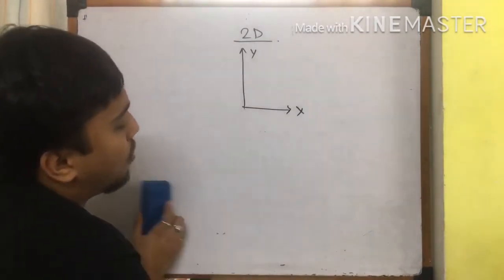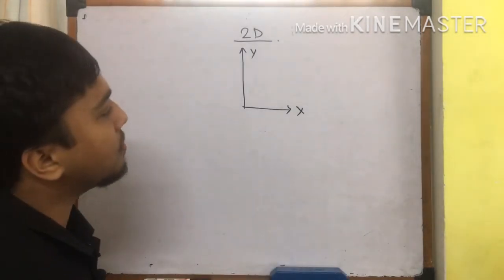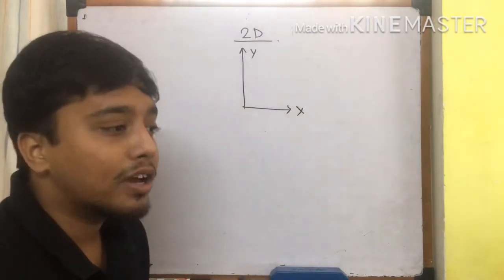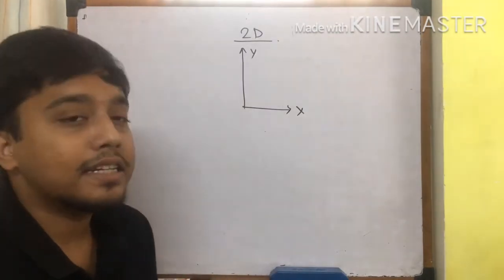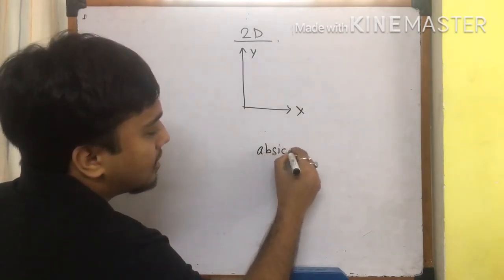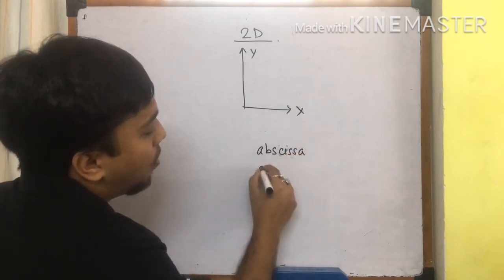like section formula. Now in this figure and in this chapter we will get to know about abscissa and ordinate. What are these two words, abscissa and ordinate?